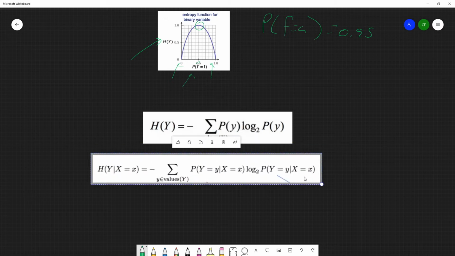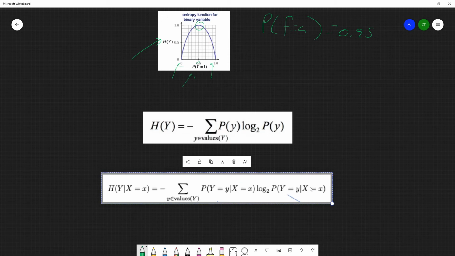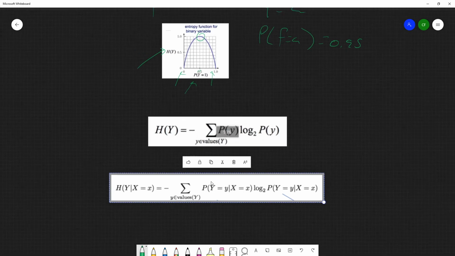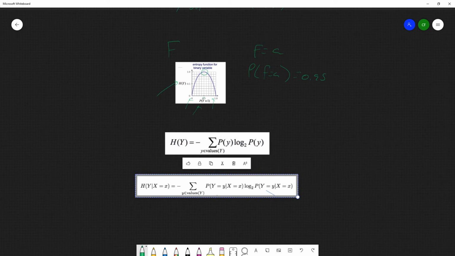So we can say, for example, that the entropy for Y given X is some observed value is equal to the negative of the sum of the probability of Y being that thing and X being a particular thing as well, times the log of the same thing, all summed together. That gives you the entropy conditionally of X. So yeah, that's entropy and conditional entropy.